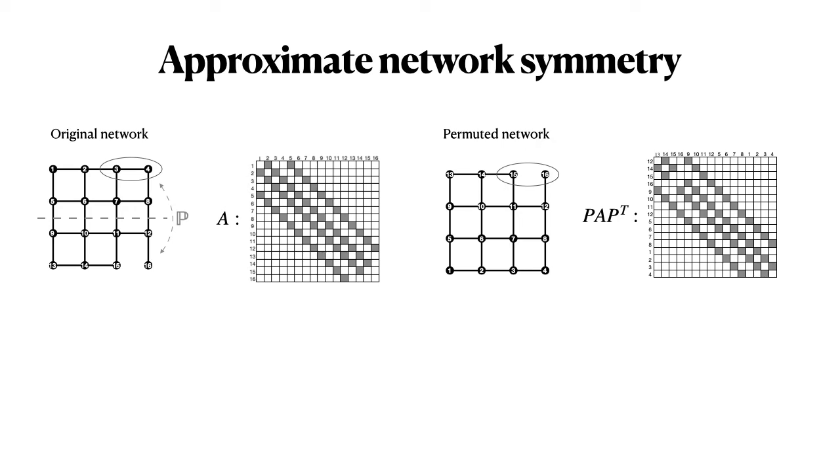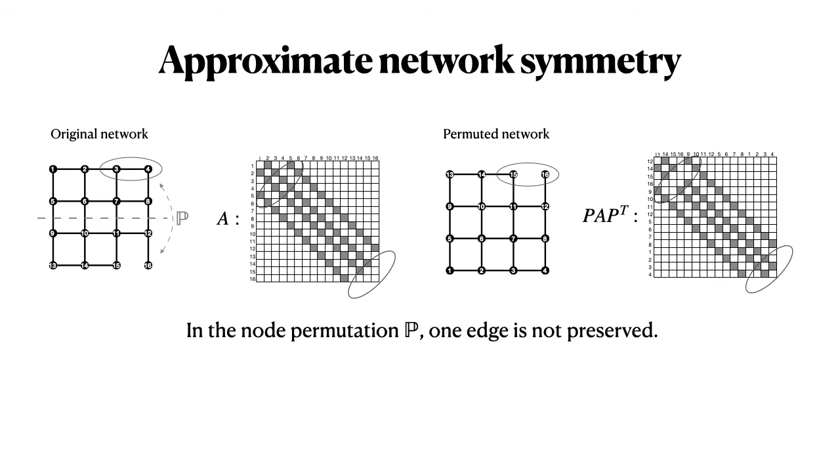And this permuted network has adjacency matrix PAP transpose, where P is the node permutation matrix. Note that these two adjacency matrices have different non-zero elements, and the absolute difference between these two matrices is 4.